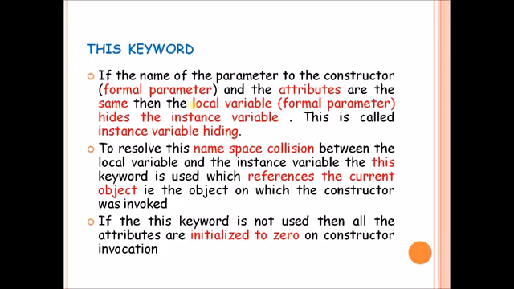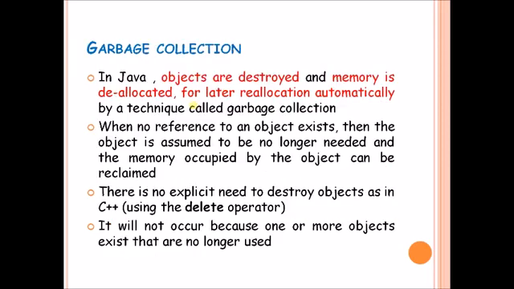In a parameterized constructor, if formal variables and instance variables have the same name, it causes a namespace collision called instance variable hiding. In order to resolve this, you use the this keyword, which references the current object. If the this keyword is not used, then all the attributes will be initialized to 0.